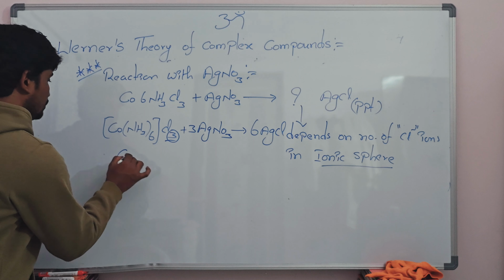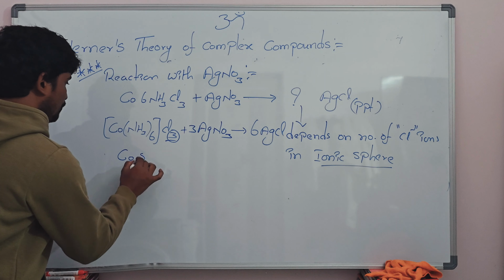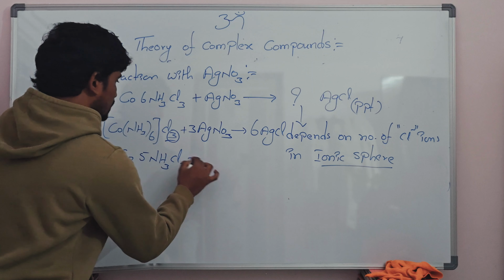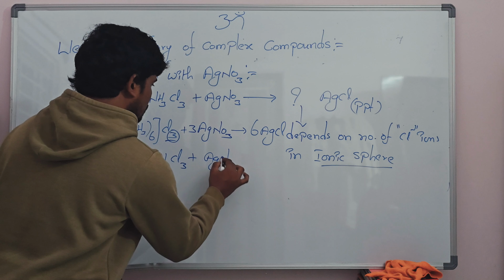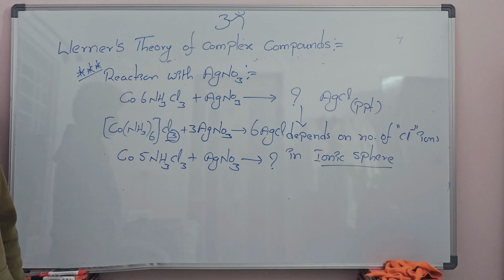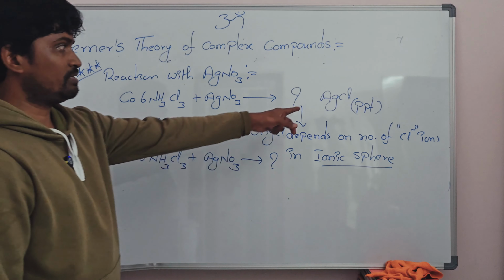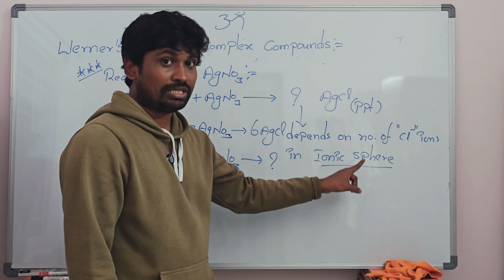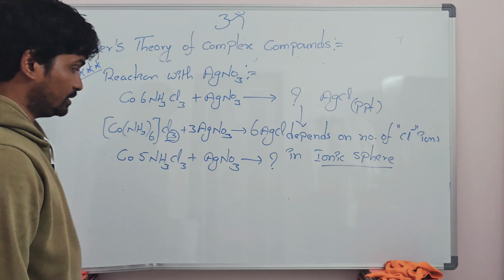Another complex compound I am taking here, Co(NH3)5Cl3, with silver nitrate solution. Then how many moles of silver chloride precipitate are formed? The number of moles of silver chloride precipitate formed depends on the number of Cl minus ions in the ionic sphere. Don't forget that.